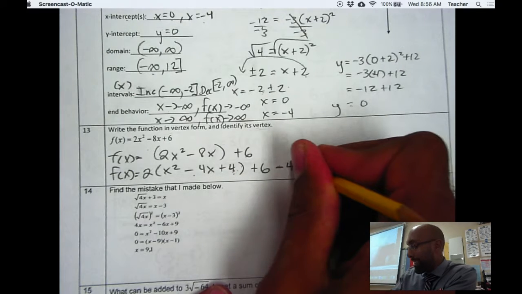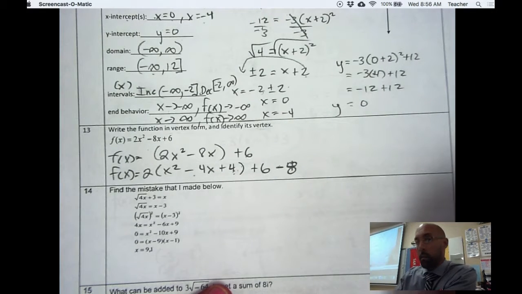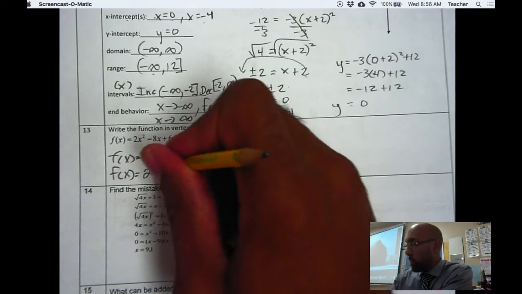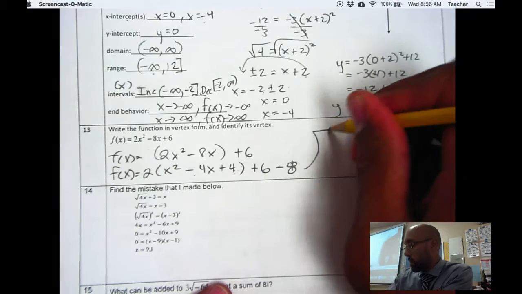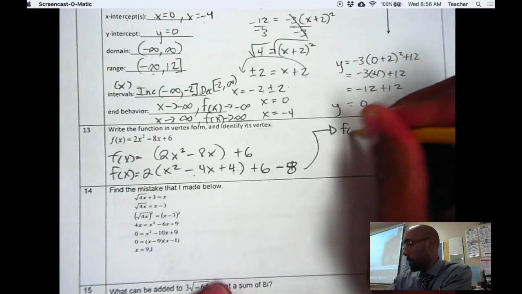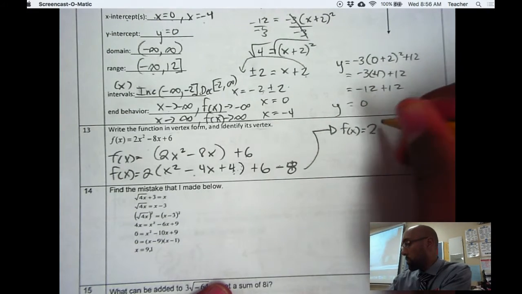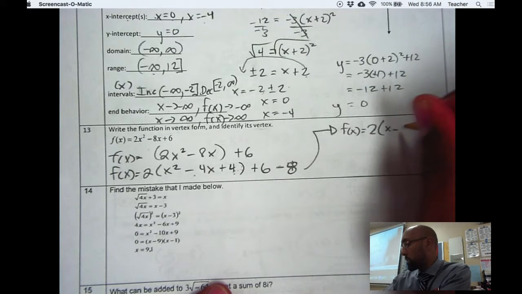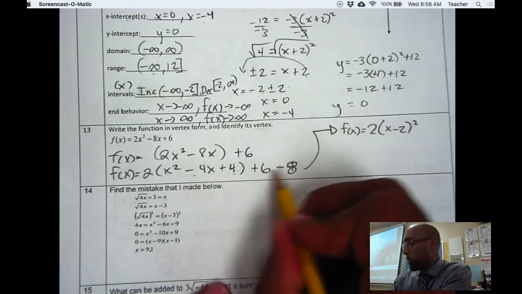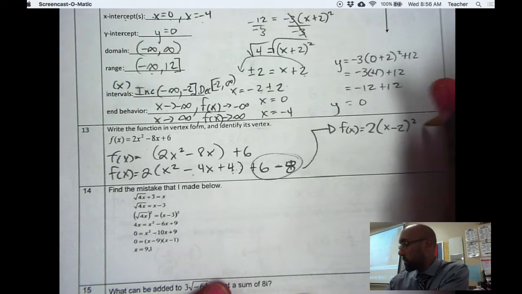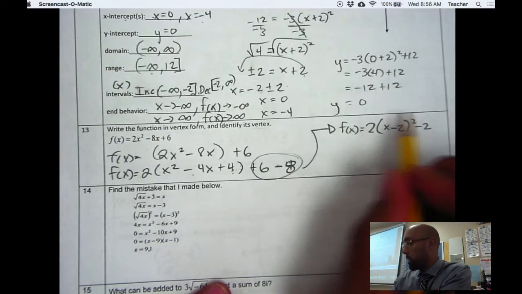So I want to put minus 8 here. Now I want to factor the parentheses. So now I have f of x equals 2 times x minus 2 squared. And then I'm going to add the like terms out here, so that will be minus 2. And there's the vertex form.